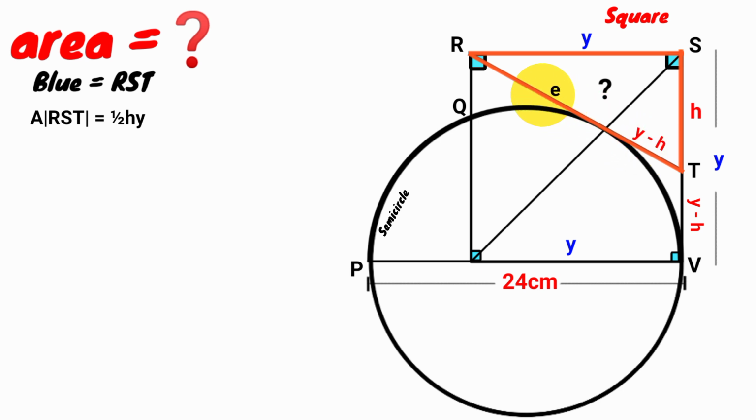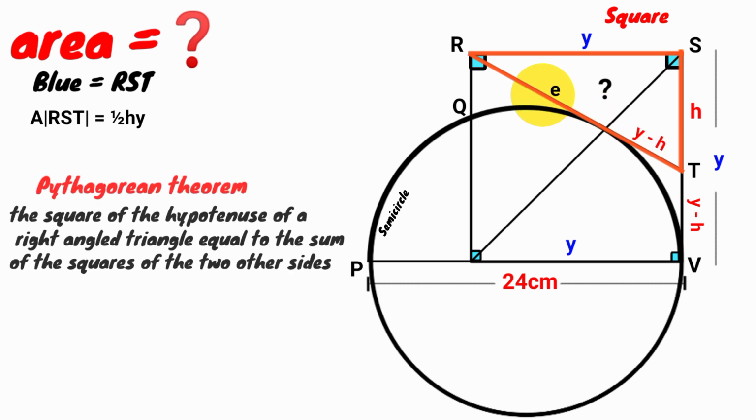Assume this to be E. Use the Pythagorean theorem, which states that the square of the length of the hypotenuse of a right angle triangle is equal to the sum of the squares of the lengths of the two other sides. The hypotenuse, its length is a summation of this E and this y minus h. So applying the Pythagorean theorem, (E plus y minus h) all squared equal to y squared plus h squared.